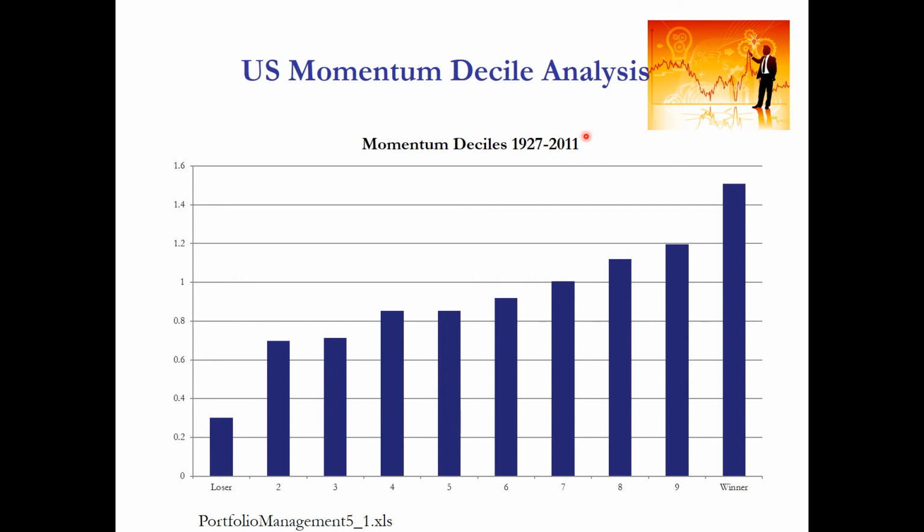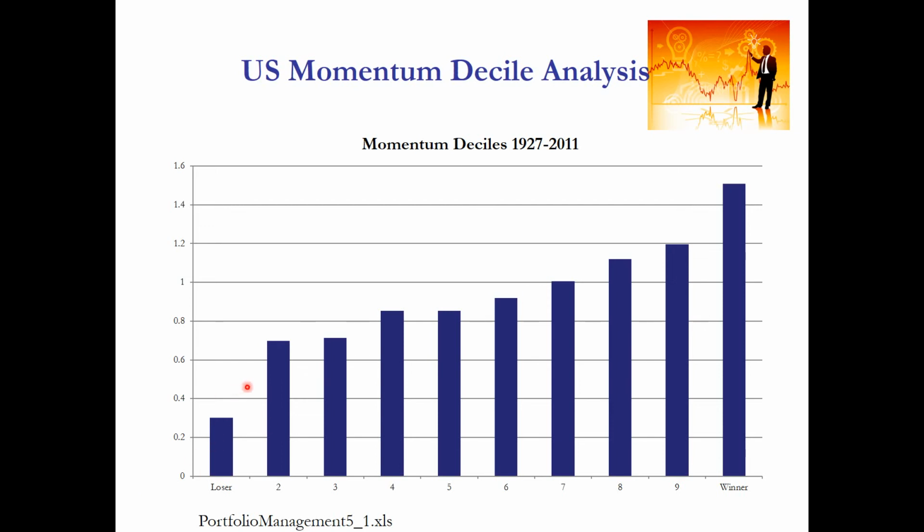As I look at the returns through time of this portfolio that I am rebalancing every year, what we find are the average monthly returns of stocks, where you can see the losers and winners are performing quite differently. We can see clear evidence of return continuation: those stocks that performed worst last year on average tended to be the worst next year, and they only generated a return of about 0.3% per month.